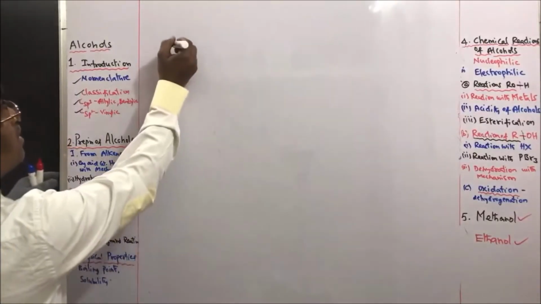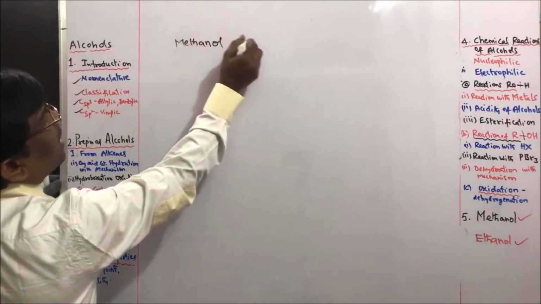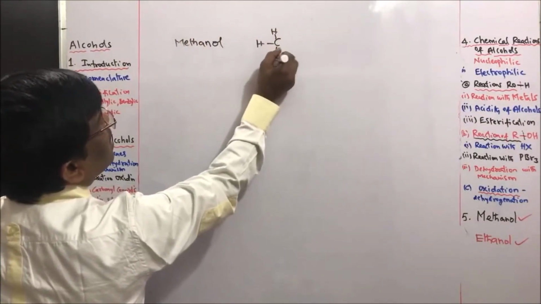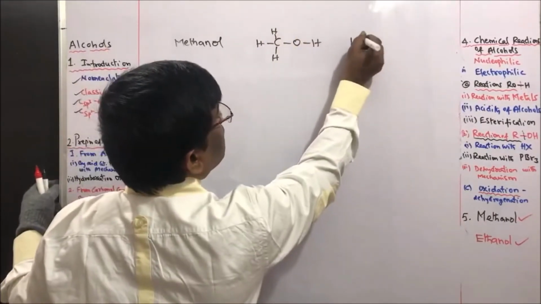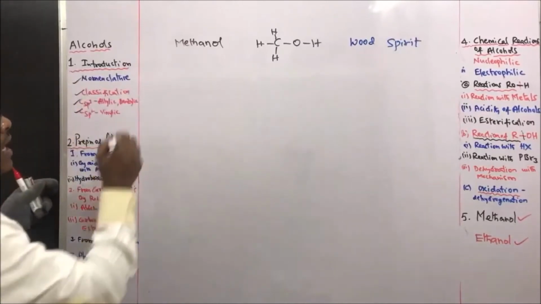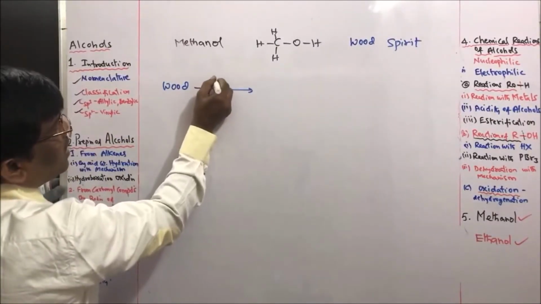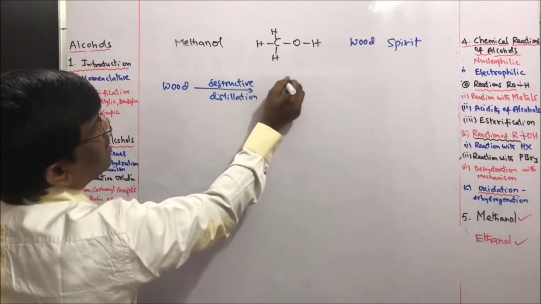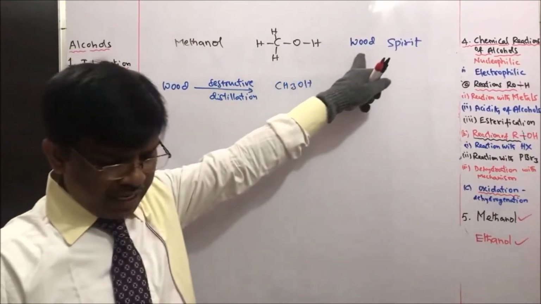Yes, students, methanol. How to write methanol? METHANOL. What is methanol? Chemical formula CH3OH, and its common name is wood spirit. It is obtained by destructive distillation of wood, and we get methanol, CH3OH. That is why it is known as wood spirit.